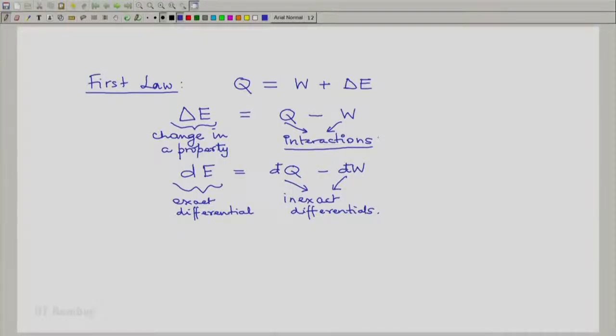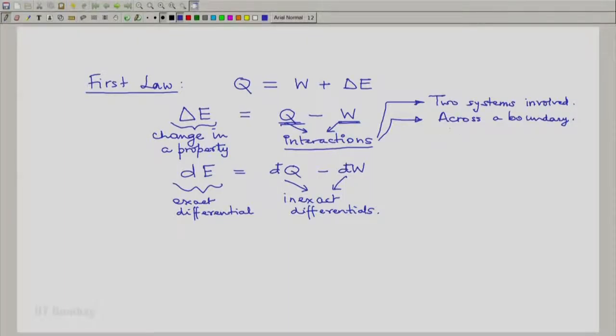Because Q and W are interactions, remember that whenever we talk of Q or whenever we talk of W, there must be two systems involved, a system A, system B, or a system and its surroundings. Then the interactions take place across a boundary. So there is no way one can talk of Q or W without associating those interactions with a boundary.